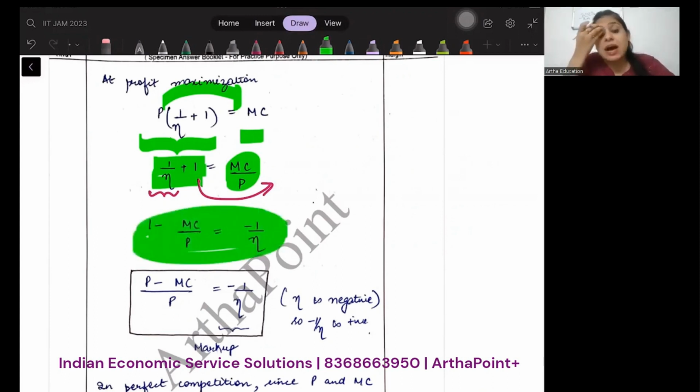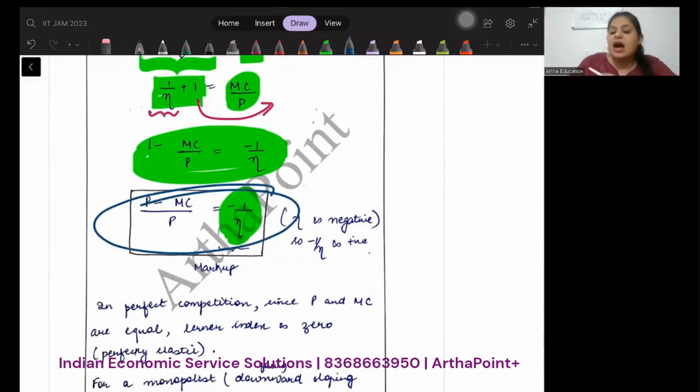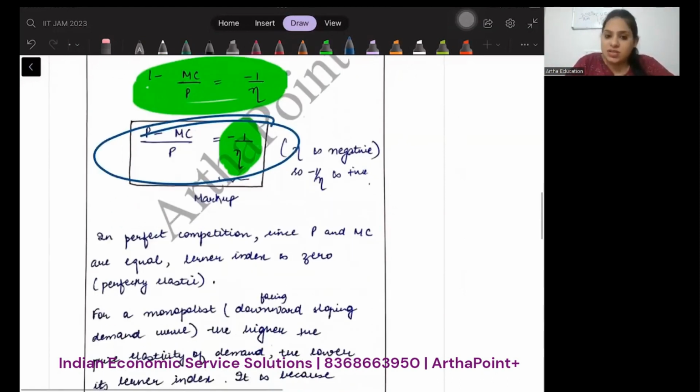So (P minus MC) by P is minus 1 by elasticity. Remember, elasticity is the elasticity of demand. This itself is negative, so when I have a negative sign outside, this becomes a positive number. So this tells me how much I can charge over and above marginal cost. It is the inverse of elasticity.